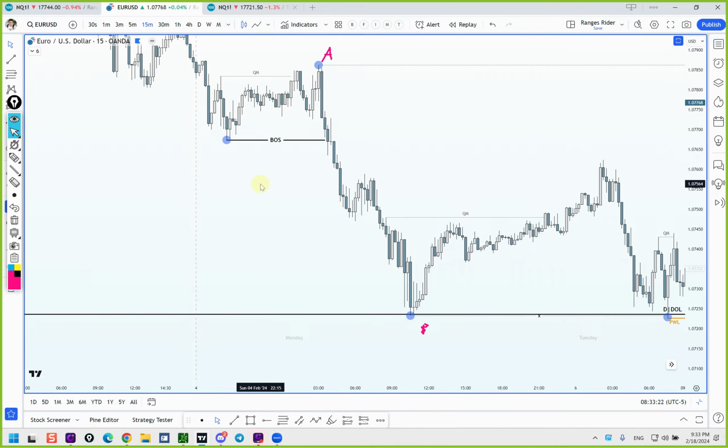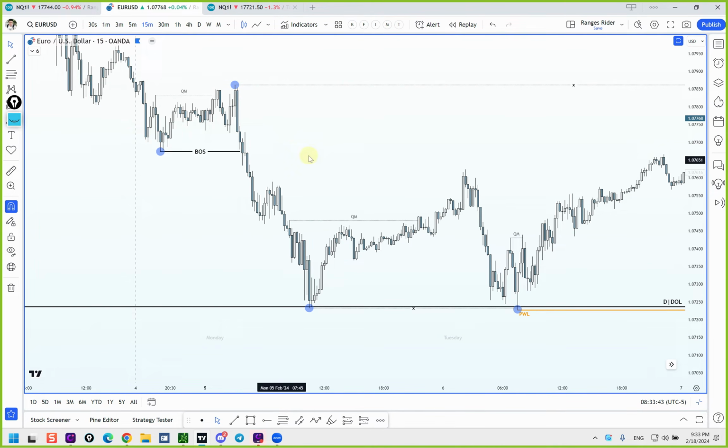Okay, so we have the A and B. Once this range is confirmed, what is this range, basically? We have the bearish range, confirmed once our QM was confirmed.